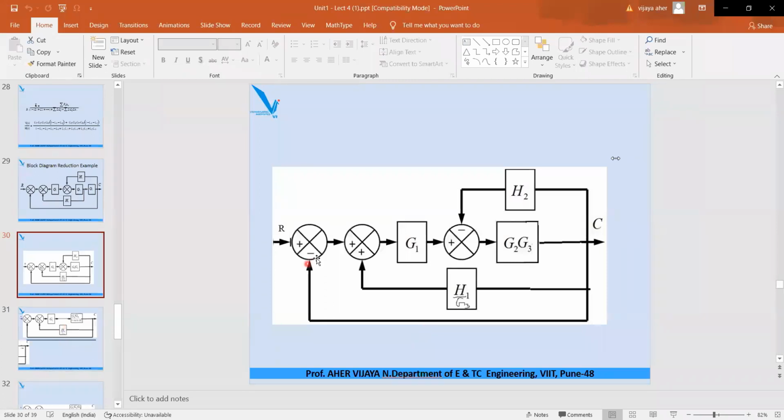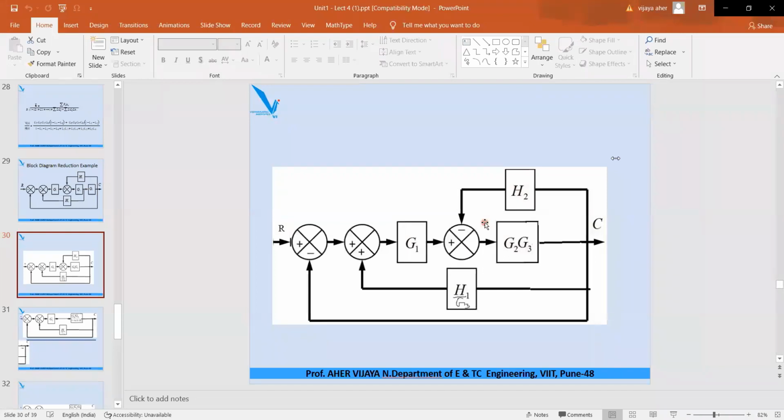Now I'm going to concentrate on this loop. It is a straightforward loop. So for this closed loop control system, I'm going to write the equation for the transfer function in terms of the transfer function of process and in terms of the transfer function of feedback element. When our condition is like this, look at the last rule, the very last rule in block diagram reduction techniques, rule number 9.